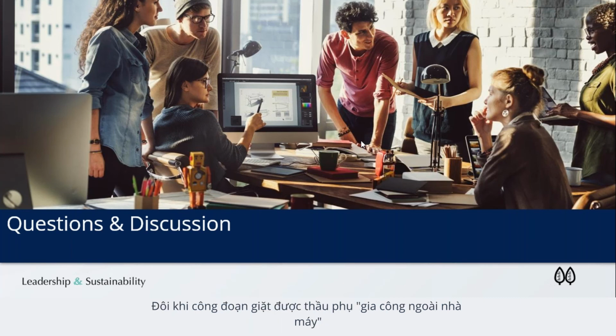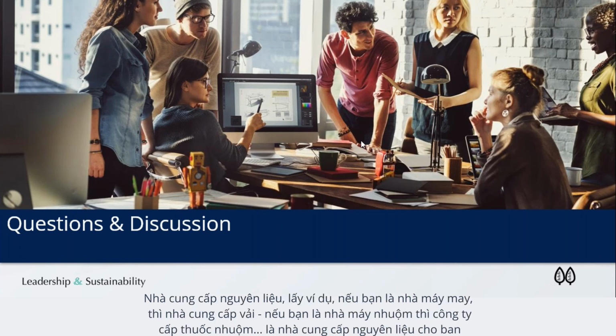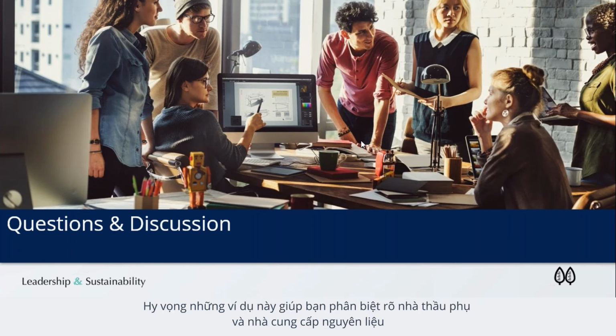Also, sometimes we see facilities who have washing entities as subcontractors, but it's still within their own production, because they still take back the product in the end and then ship it to their clients. The upstream vendors, the upstream suppliers, those are the ones who, for example, deliver the fabrics to you, or if you are a dye house, who delivers the dyes to you and other chemicals, or the trims, for example. So I hope that that is clear.